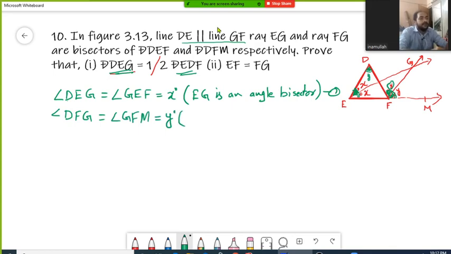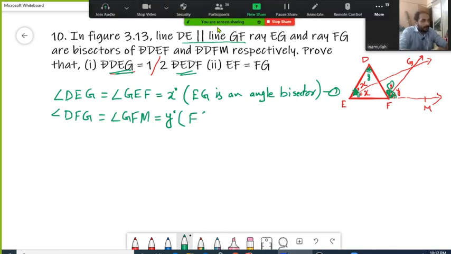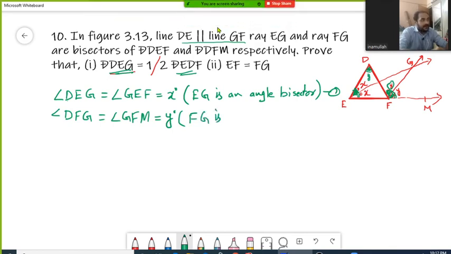Same reason, but this time your angle bisector is FG. So you can say FG is an angle bisector. This is my information number 2.